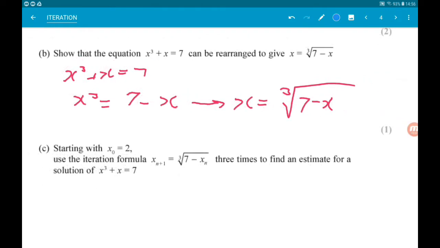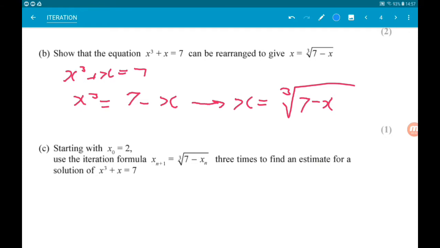Okay, then part C, starting with x naught equals 2, use the iteration formula xn add 1 is the cube root of 7 minus xn 3 times to find an estimate for a solution of x cubed add x is equal to 7.